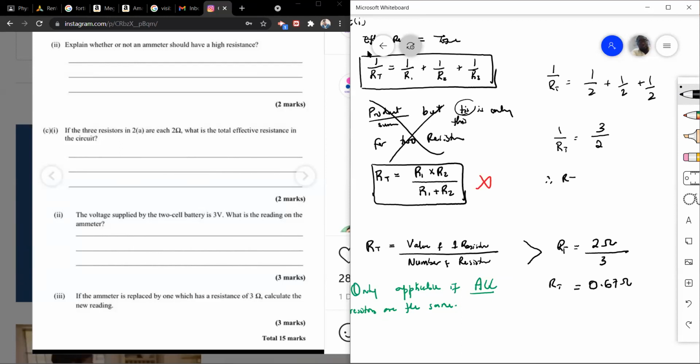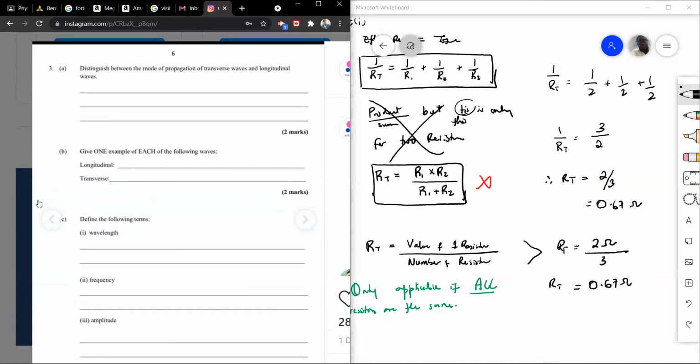Therefore, RT is equal to 2 upon 3, which is 0.67. Cool.